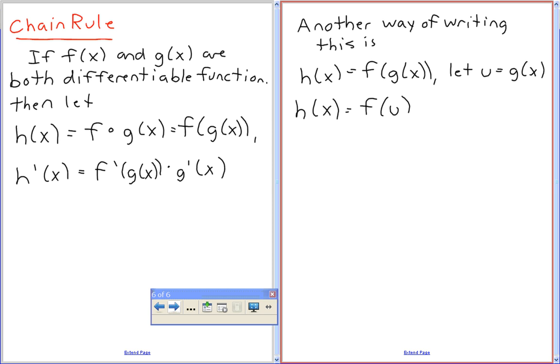So h prime of x is then equal to f prime of u times u prime. And that's all we're saying. You're taking the derivative of the first function with whatever the input is, and then times the derivative of the leftover part.